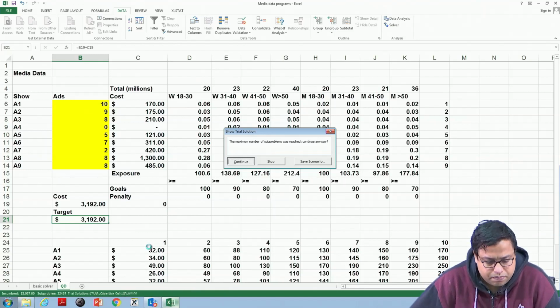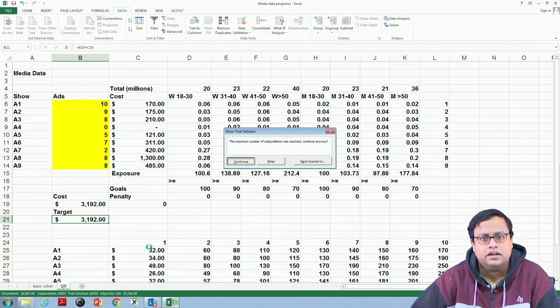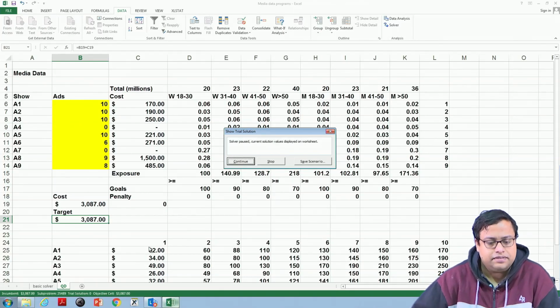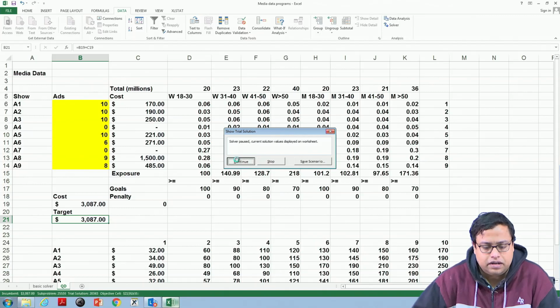It has come down pretty good, 3087 or something, 3087, see. And if I continue a little bit more, let us see any other cases where it can reduce further.